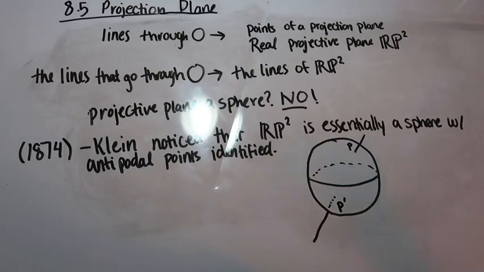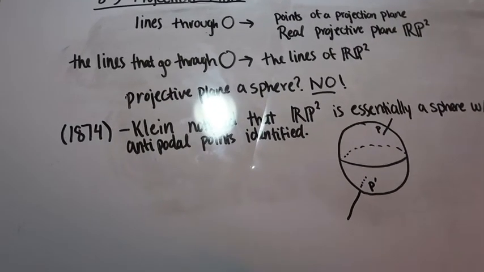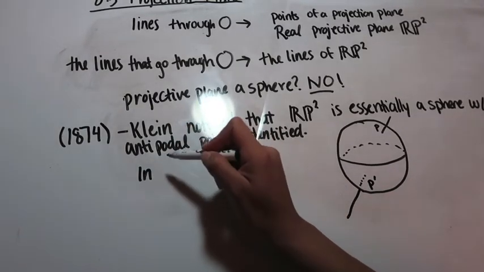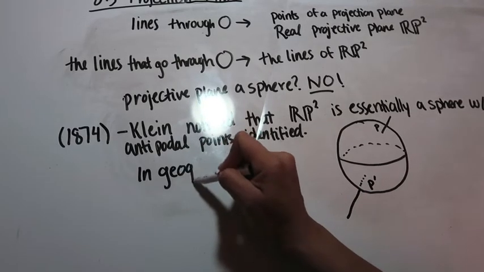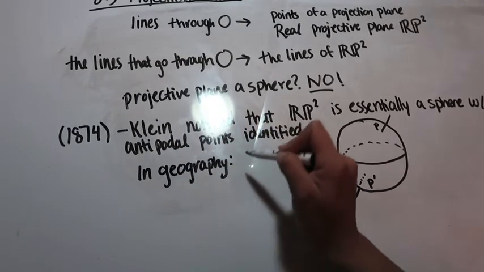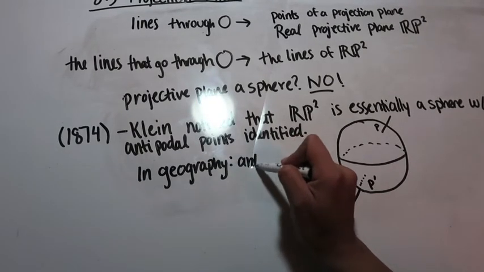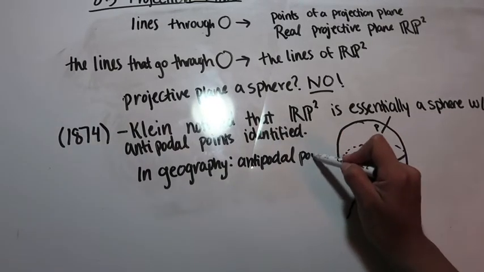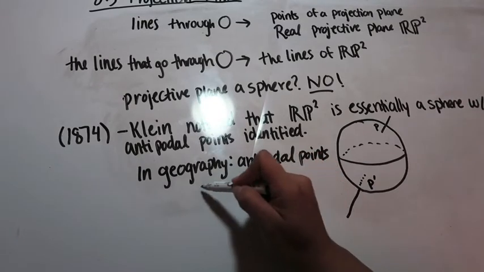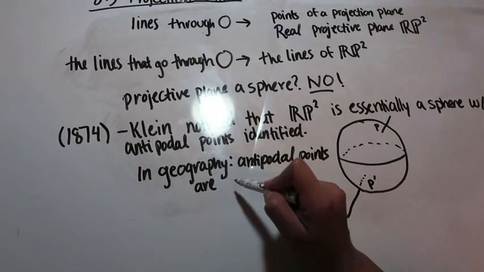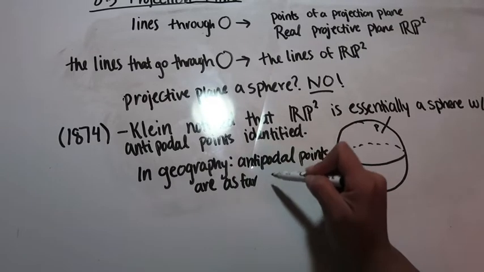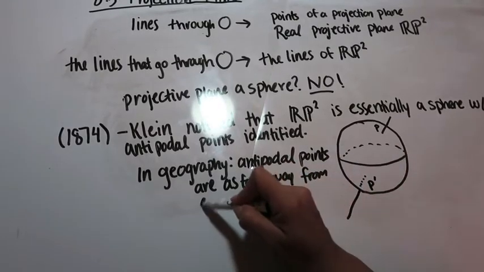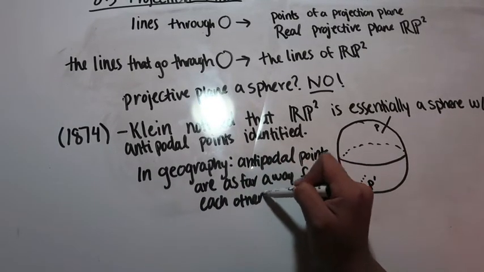And just a little note so you guys could get a better understanding. Not sure if it relates, but I'm going to leave it here. In geography, antipodal points are as far away from each other as possible.